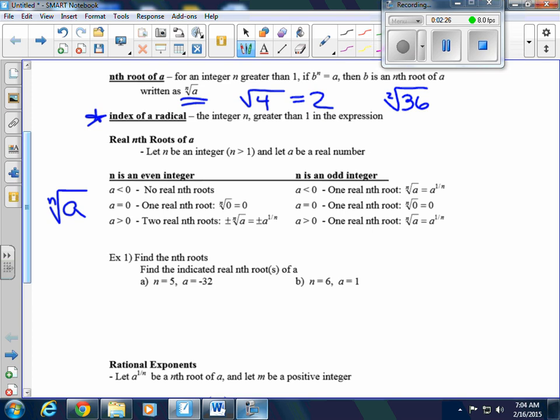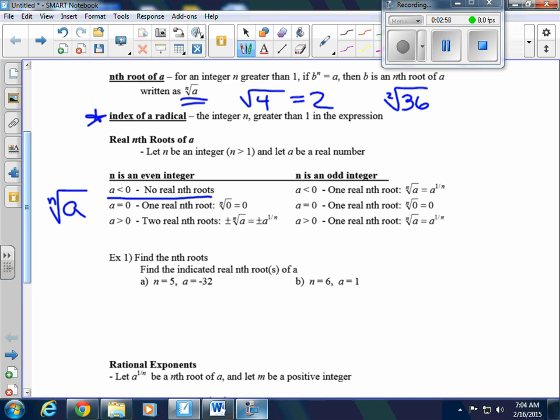And we always want to approach this like it's a square root. The square root of a negative number was imaginary. And so that's why there are no real roots in that situation. If it's 0, well, the square root of 0 is 0. The third root, or the fourth root of 0 is 0. So if that a, your radicand, is 0, then it's automatically going to be 0.